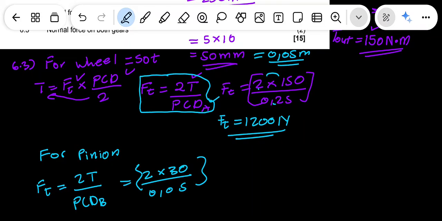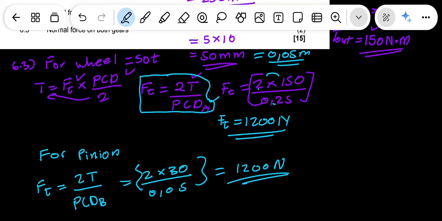Punch these, then we obtain these to be the same anyway, 1200 Newton. All right, the tangential force there is the same anyway then.